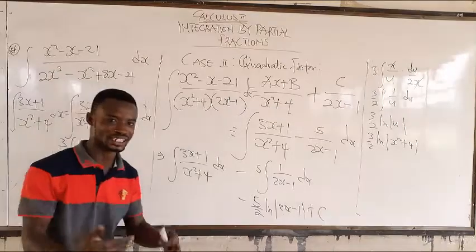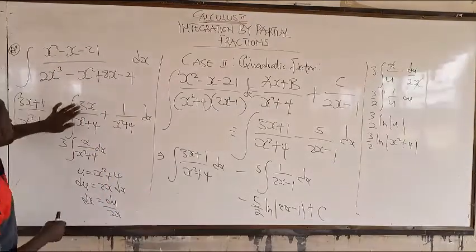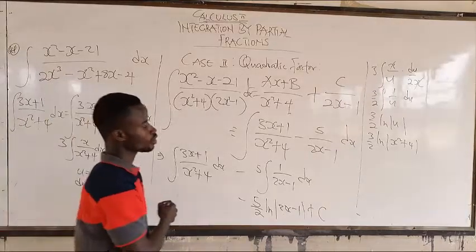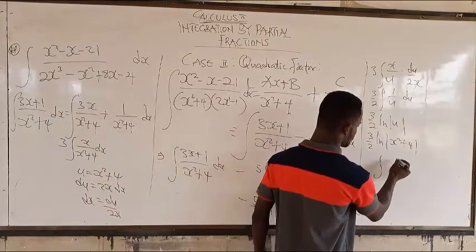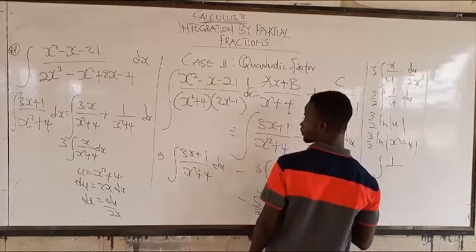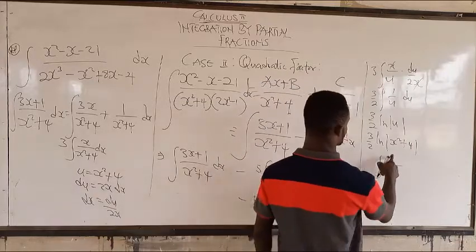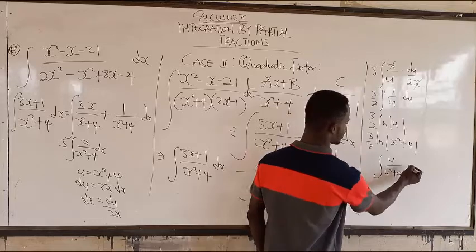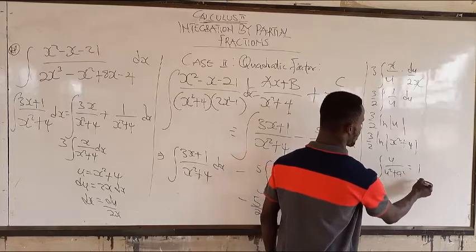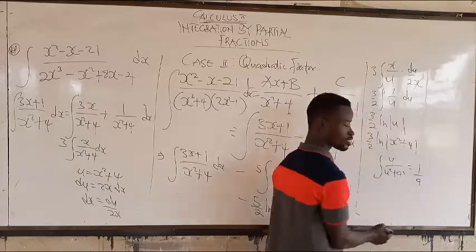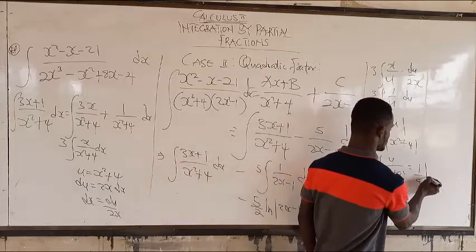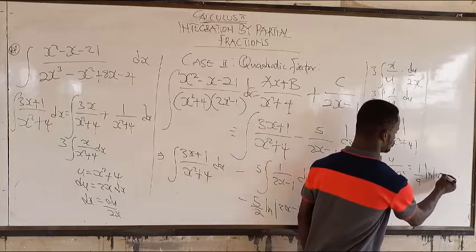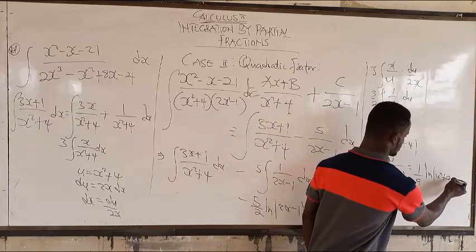Sometimes you have to go by the technique, okay? Let's assume nothing is here. If you have the integral of 1 over u squared plus a squared, this is going to give you 1 over a, how would I say, tan inverse of u over a.